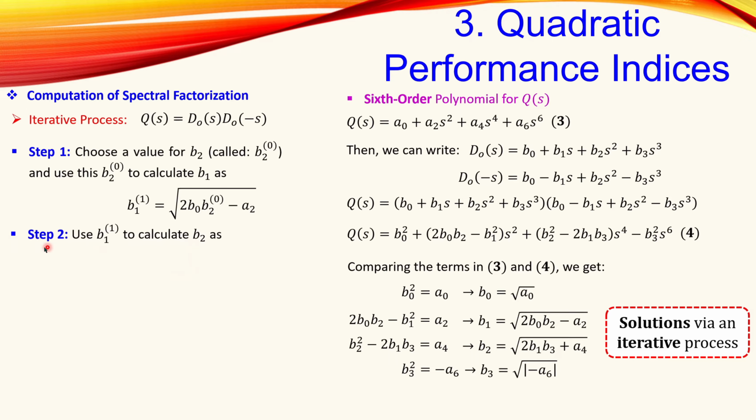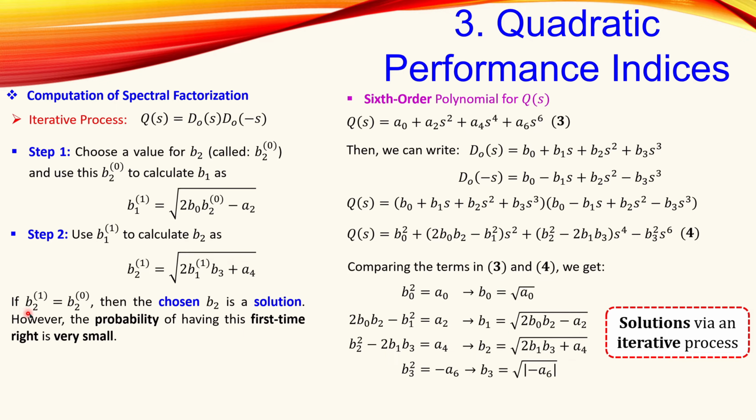Now, in step 2, use this B1 which you have determined from the initial choice of B2 and calculate again B2. So look at the new value of B2. Now, that is again done using this formula.